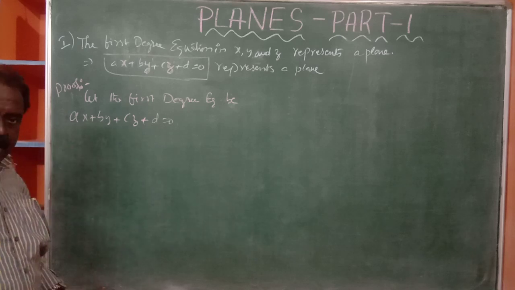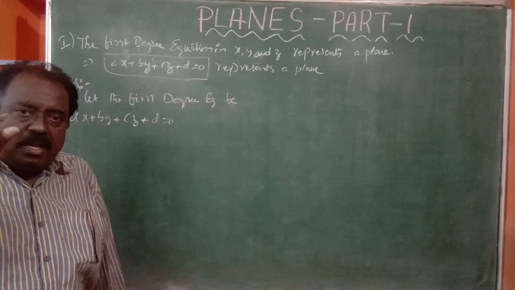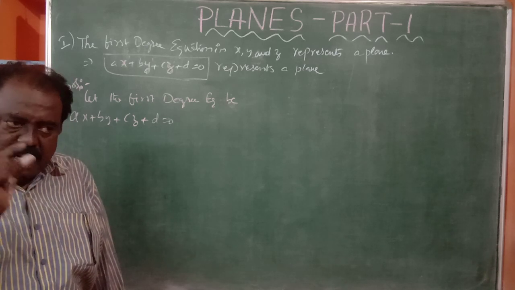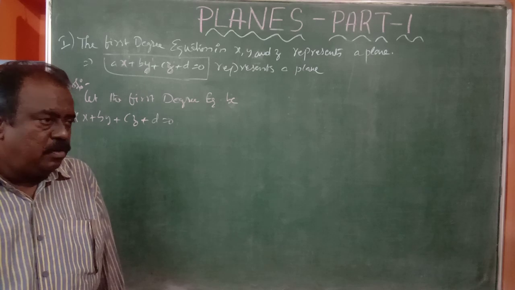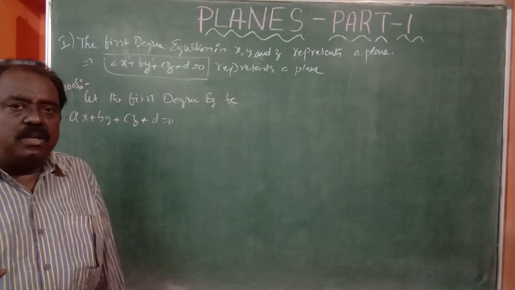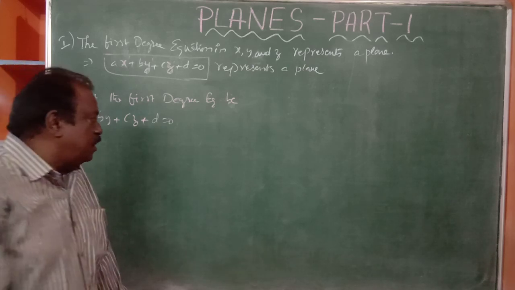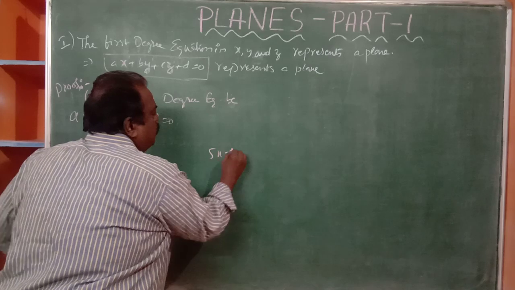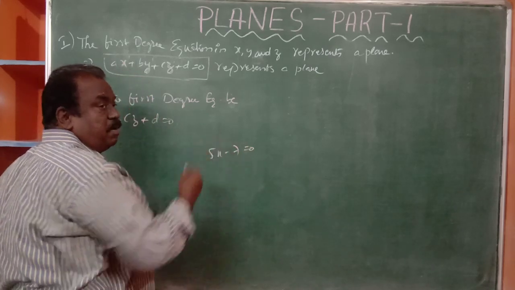In mathematics, you take any mathematical equation, no doubt it represents a curve. Already we discussed it in the first year. Suppose 5x minus 7 is equal to 0, that is x is equal to 7 by 5.